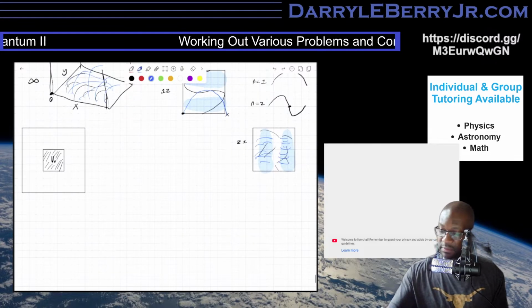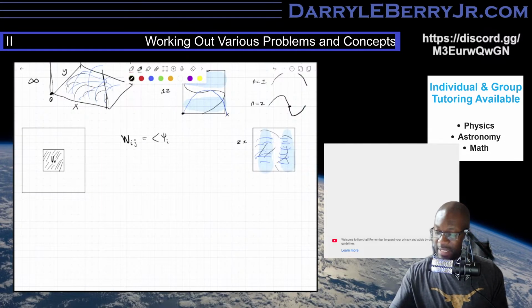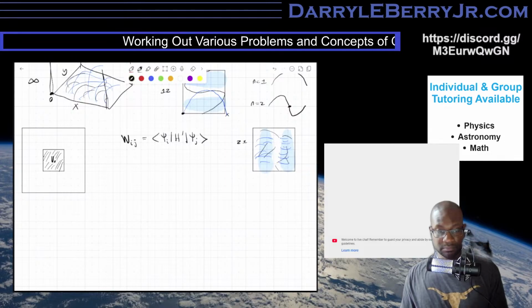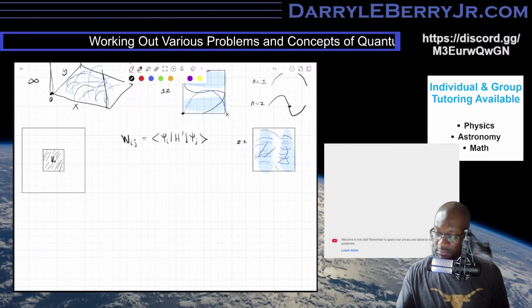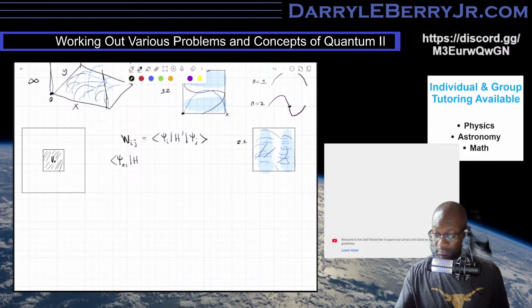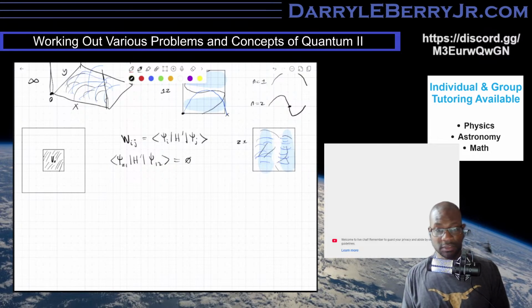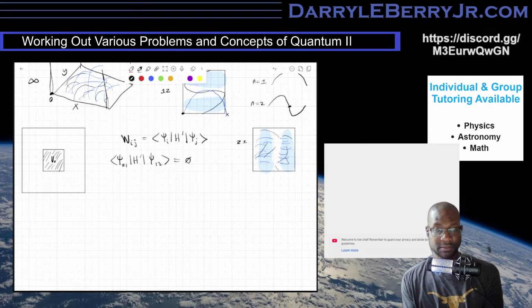The perturbation matrix is W_ij equals psi_i, the perturbation, psi_j, and apparently if psi_21, psi_12 equals 0, then the diagonal does not mix.